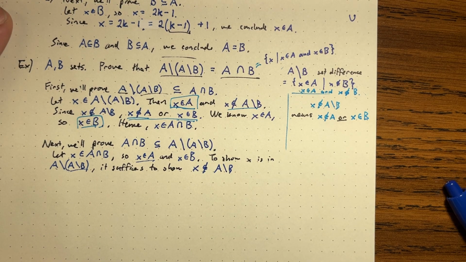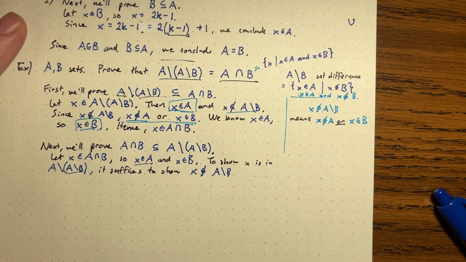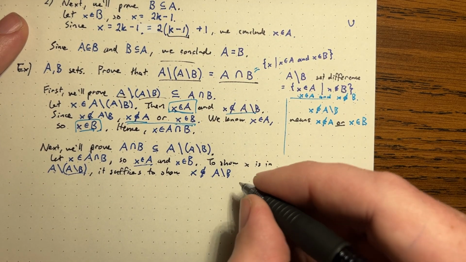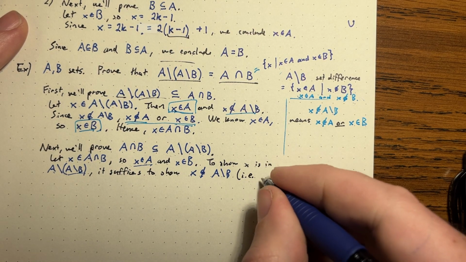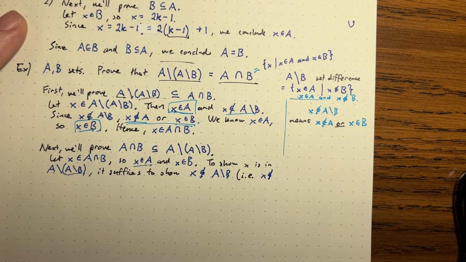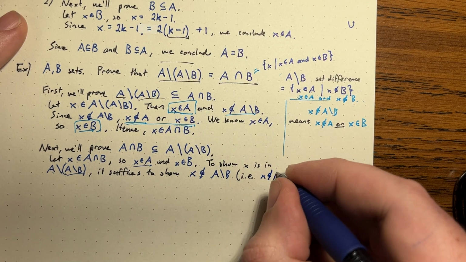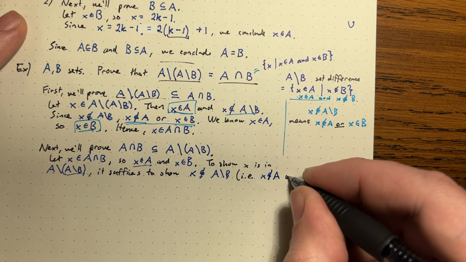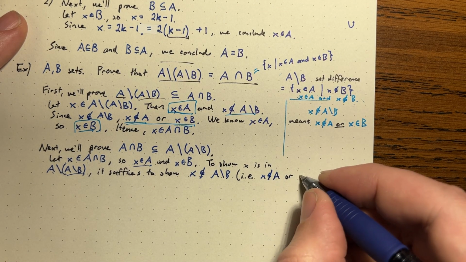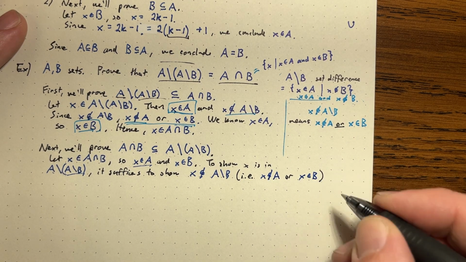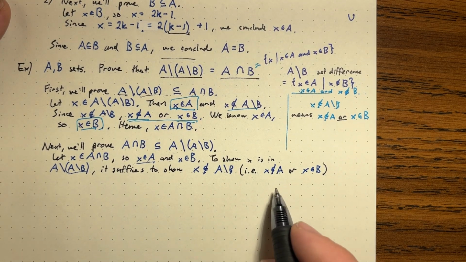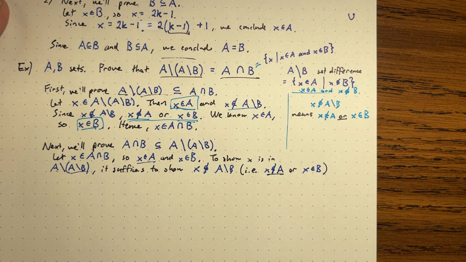Okay, so what does it mean for x not to be in there? Well, we already wrote that out, so i.e. x is not in A, or x is in B. Okay. Well, we're not going to have any hope of showing that, right?